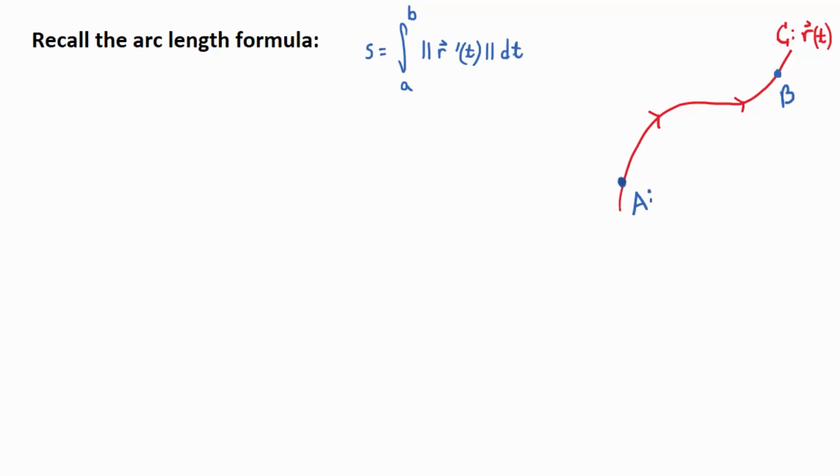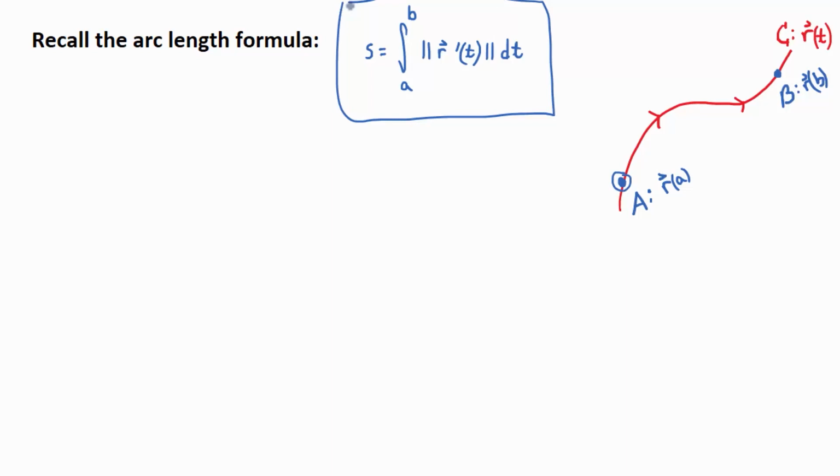Well, this point, uppercase A, would be given by r evaluated at t equals lowercase a, right? And this point, which we're calling uppercase B, would be r evaluated at t equals lowercase b. I mean, that's not what it has to be from the integral, but that's what we're assuming to set up the integral. So it's kind of the other way around.